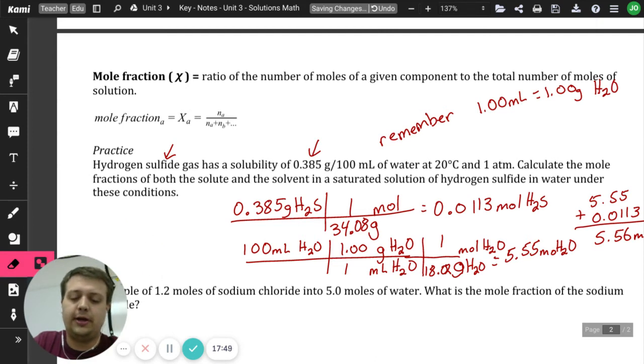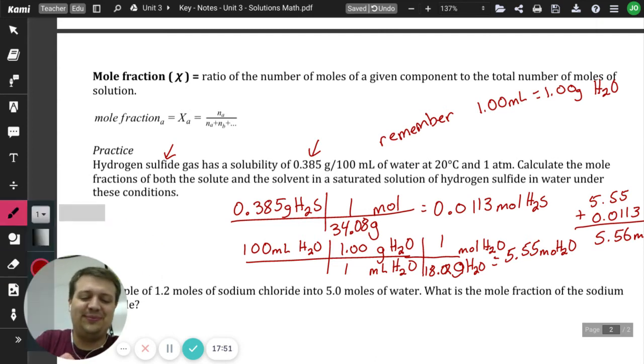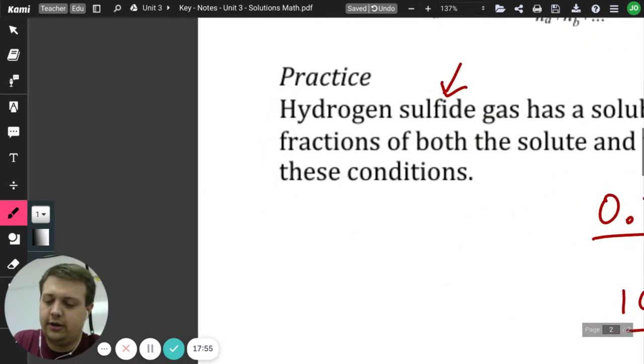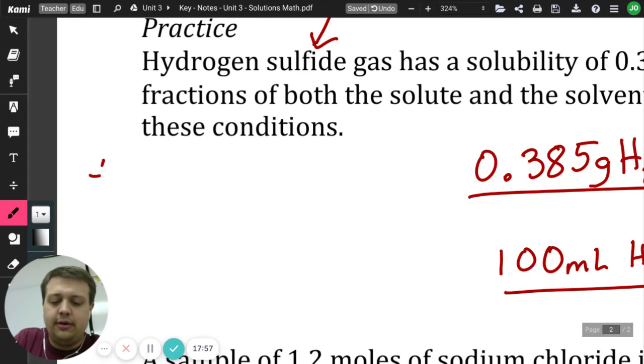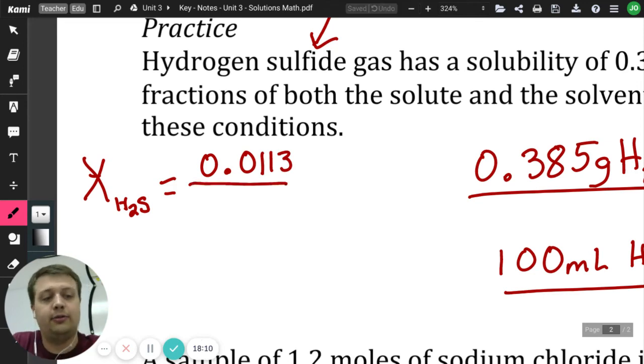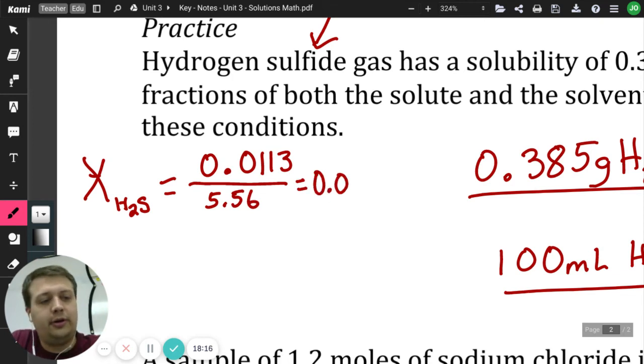So I'm going to come back over here because I've got a little bit more room. So for the mole fraction for H2S, we're going to take 0.0113 divided by my total amount, which was 5.56, and that's going to give us 0.00203.